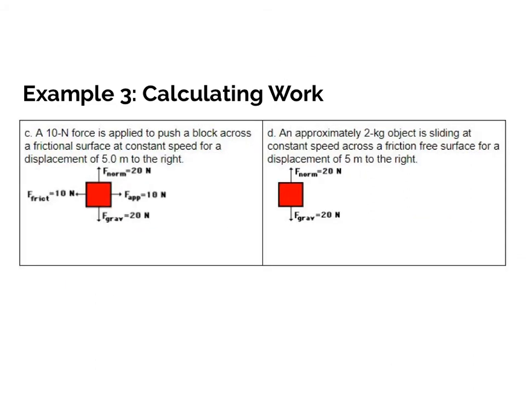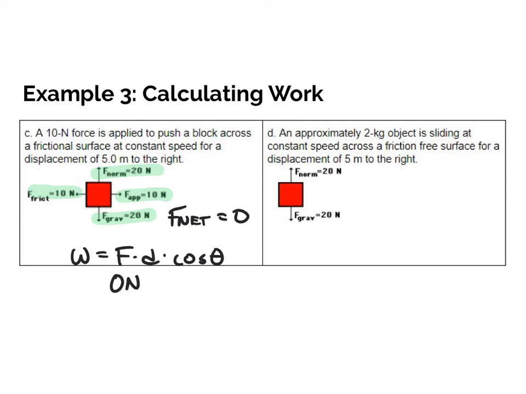All right, C and D. In C, notice all the forces here are balanced. I have 10 newtons right, 10 newtons left of friction. Gravity and normal force are balanced. So in this case, my, whoopsie daisies, I did it again, my net force is going to equal 0. So if I use my relationship of work equals force times distance times the cosine of the angle, in this case, I have 0 newtons.